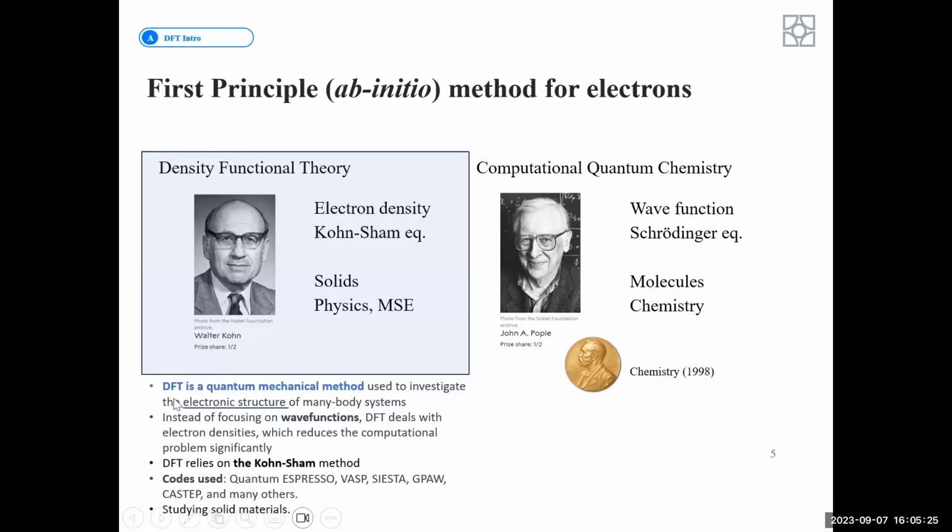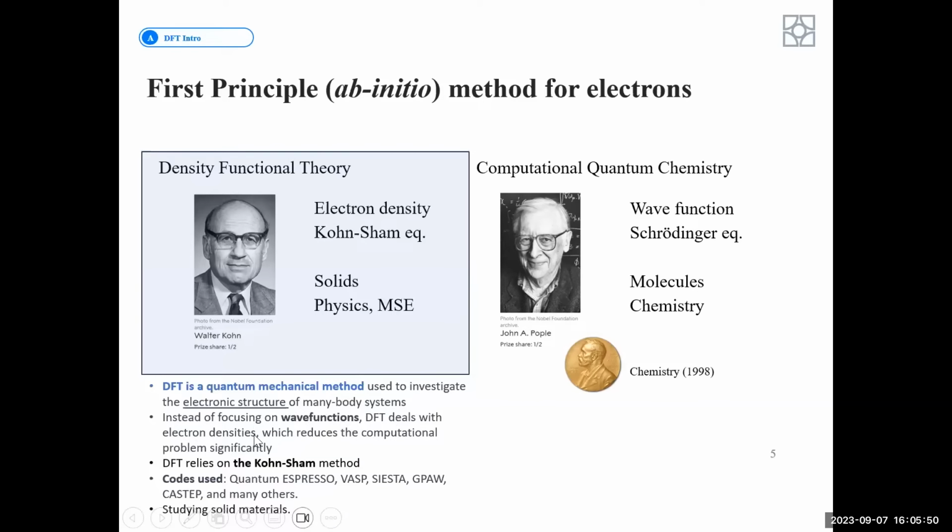So DFT is a quantum mechanical method. It is used, again, to investigate something called the electronic structure of many-body systems. So it's about the electronic structure of the material. Instead of focusing on the wave function, which the Schrödinger equation is actually about, we are not interested in the wave function. DFT deals with the electron densities.